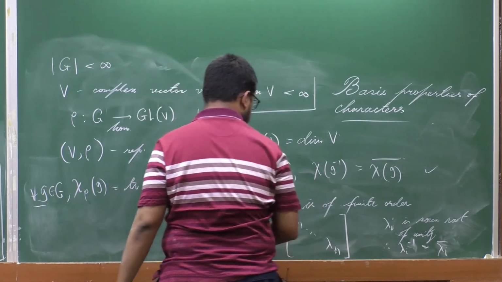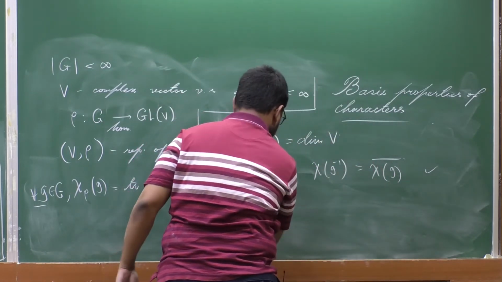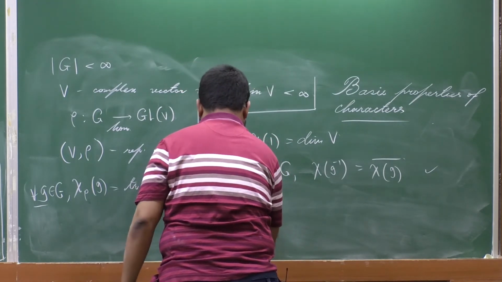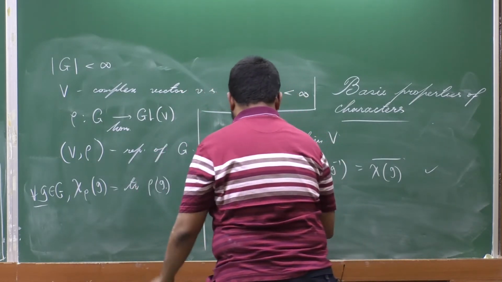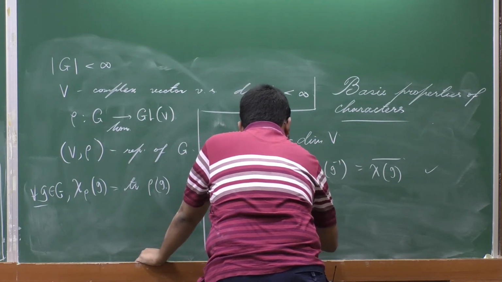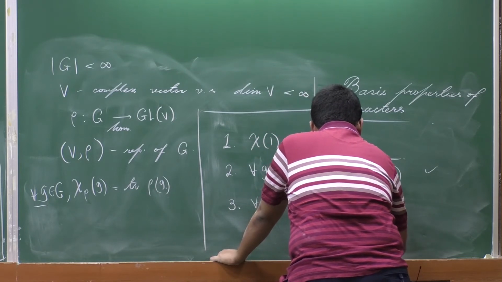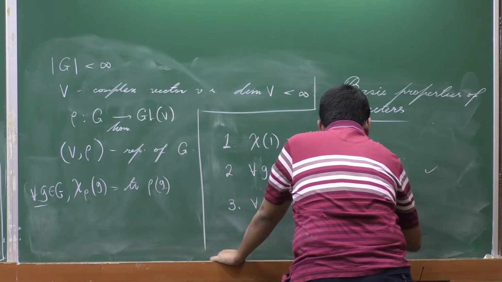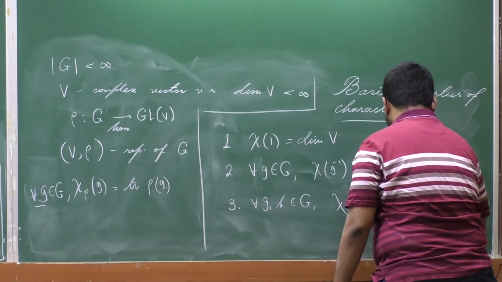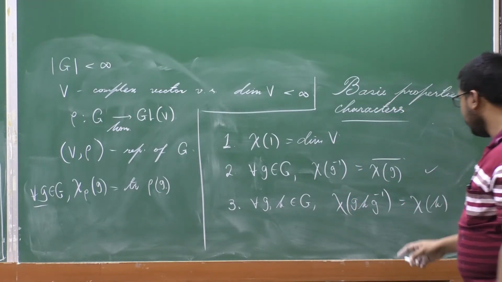Another thing is again an immediate property of the trace, some basic properties of characters. So, let g and h be in G. Then chi of g h g inverse is chi of h. Why so?